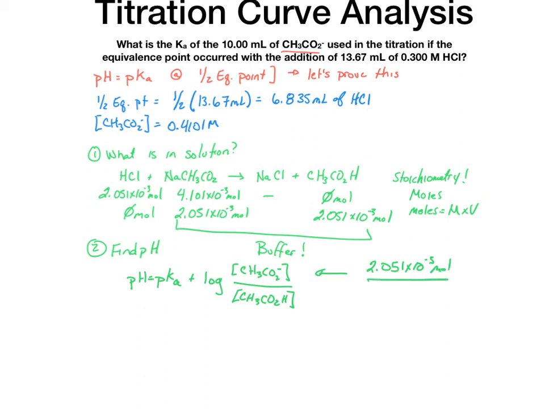And so that is 16.835 milliliters, or 0.16835 liters, which is equal to, I did this problem wrong on my notes, so I gotta type it into my calculator, is equal to 0.122 molar.